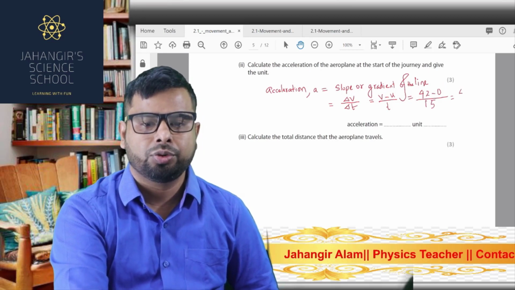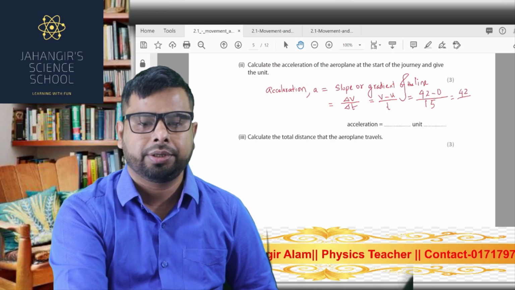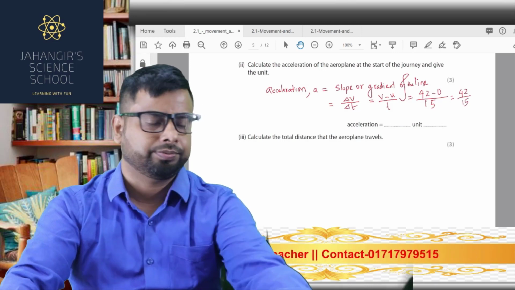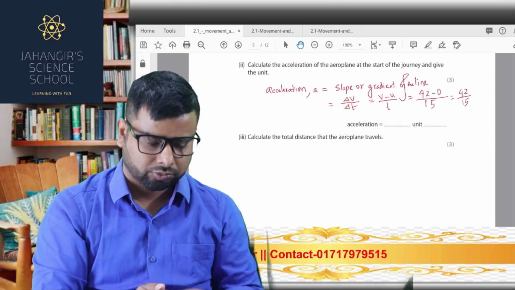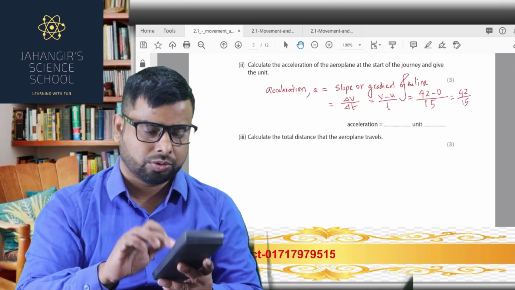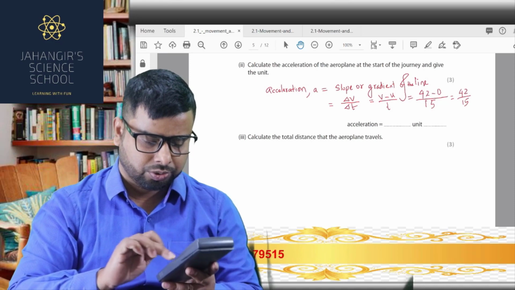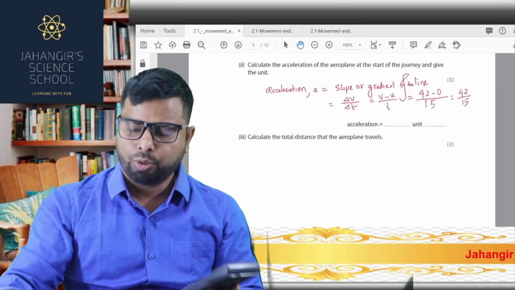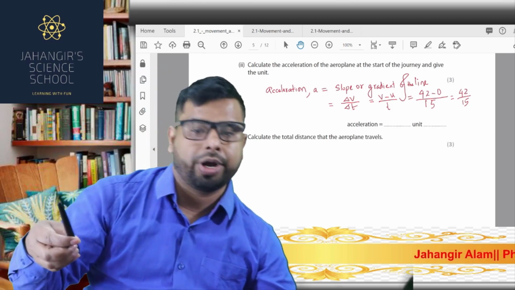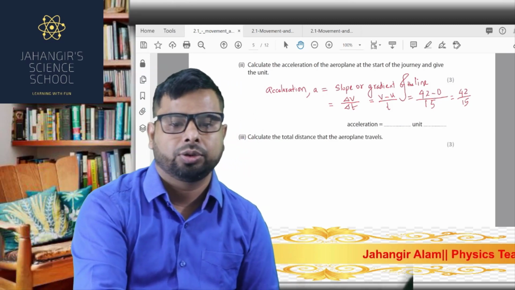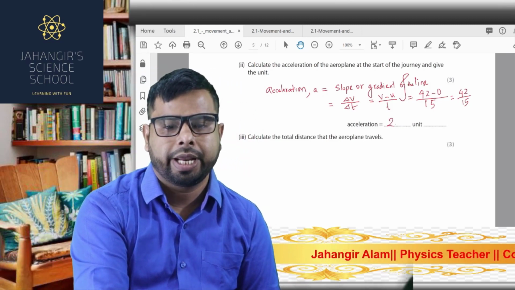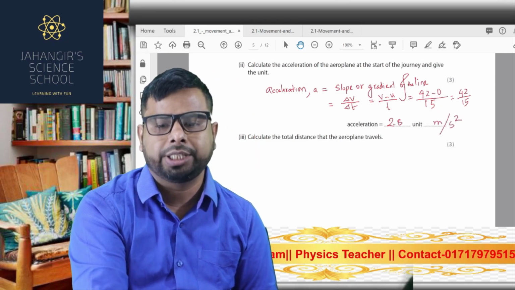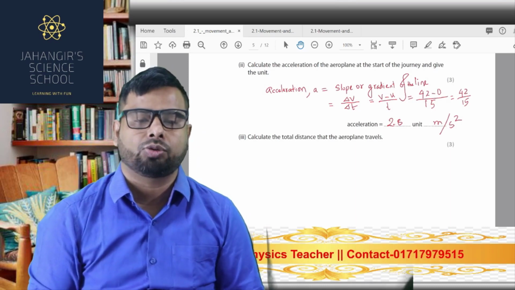So 42 divided by 15 is 2.8 meter per second square. Remember, the unit of acceleration is meter per second square.